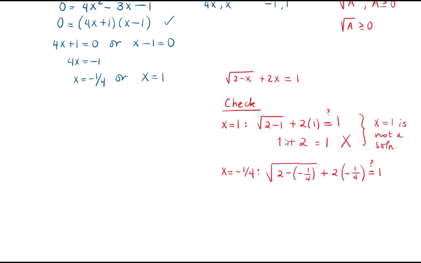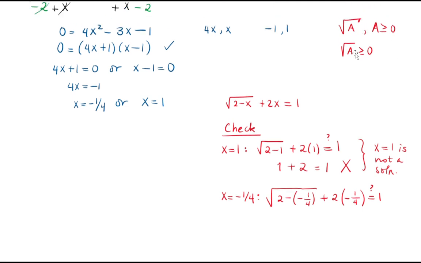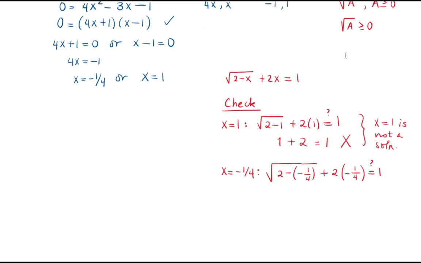Here in the first one, don't forget the problem was this: the output of a radical can't be negative. That is 1, this works, but this plus 2 will make the right side negative, and that doesn't work. That's the problem. As I said, the expression inside the radical and the output of the square root should be positive.